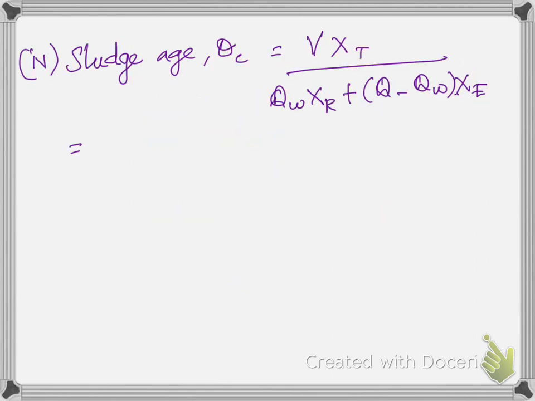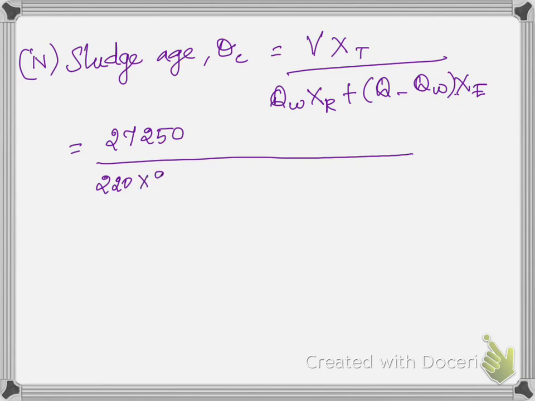So I am taking the same value here, 27250, divided by, okay, what is my QW value? QW is the quantity of the waste sludge, that is 220. What is XR here? XR is the waste sludge suspended solids, given in the problem as 9700.